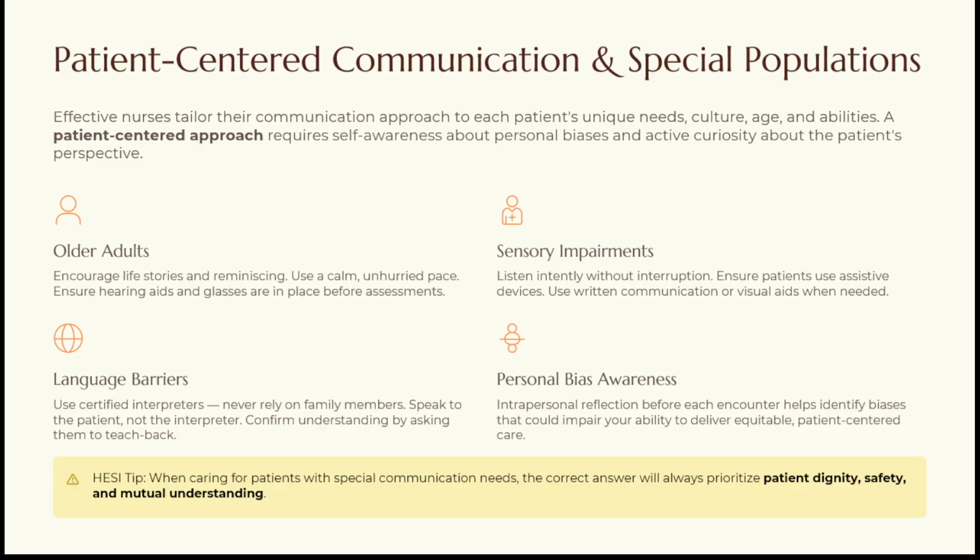And they also may need assistance with hearing or vision deficits. So before we assess or teach, we want to ensure that if they have hearing aids, they're using them. Do they need glasses? Or are there any assistive devices to help them function properly during the education?